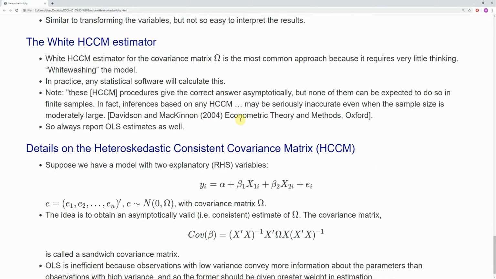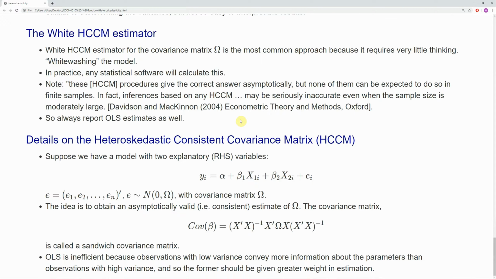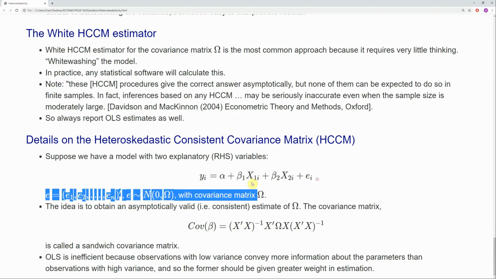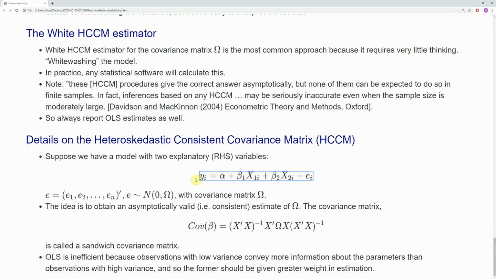So the HCCM estimator is used when you have your covariance matrix from linear regression with the assumption of homoscedasticity. Your covariance matrix is just this first part, with basically sigma squared, or your estimate of it, before that.